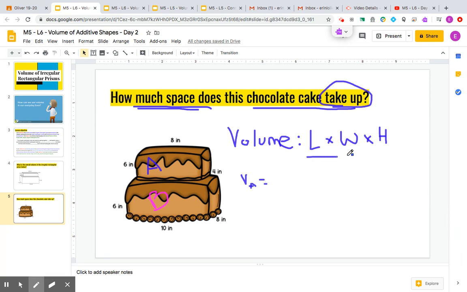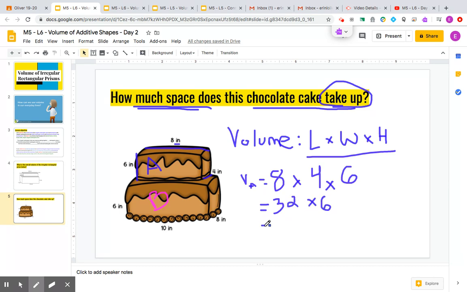We have to find all of our components once again. Our length is 8, how long it is, 8 inches. Our width is 4 inches. And it is 6 inches tall on this side. Okay. I know 8 times 4 is 32. And now I need to multiply by 6.